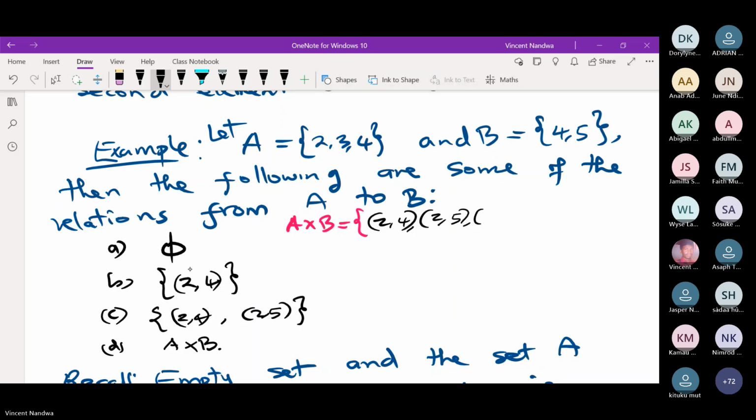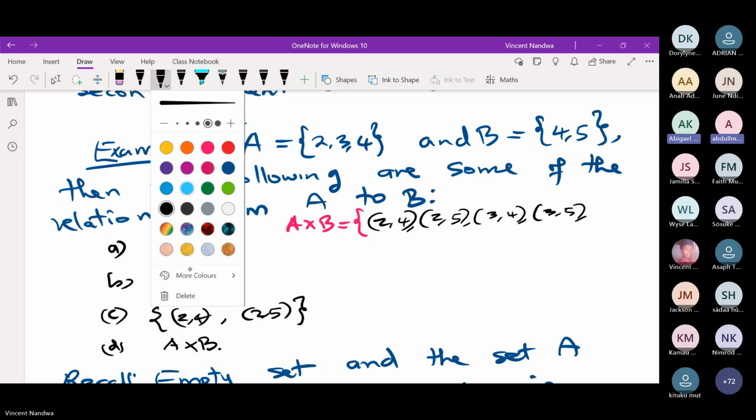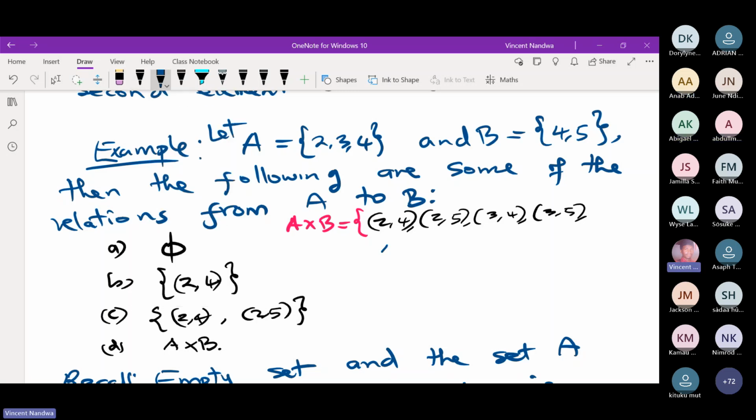Followed by? 3, 4. Followed by? 3, 5. Next one? 4, 4. And then? 4, 5.